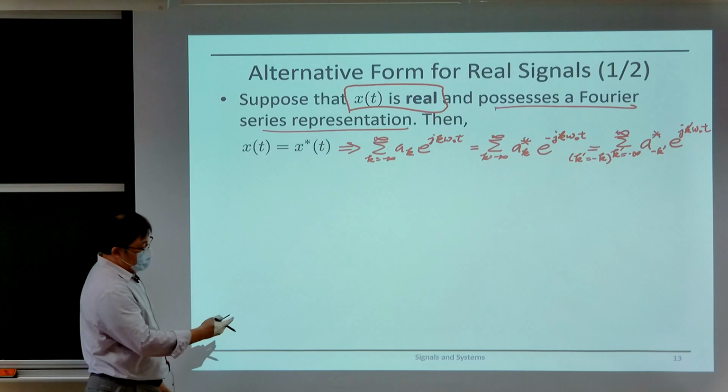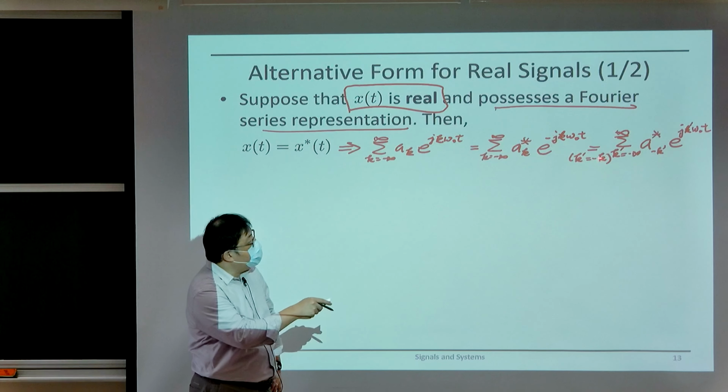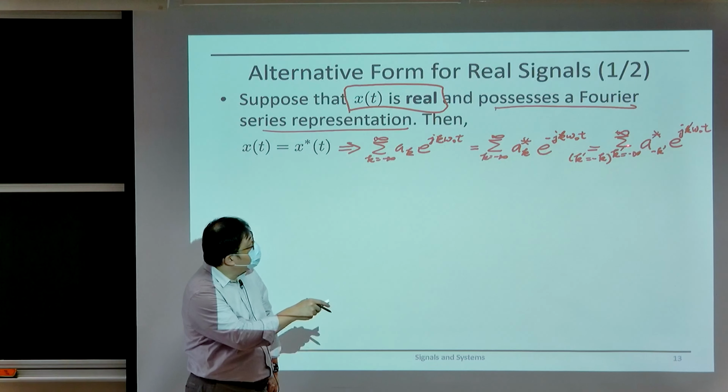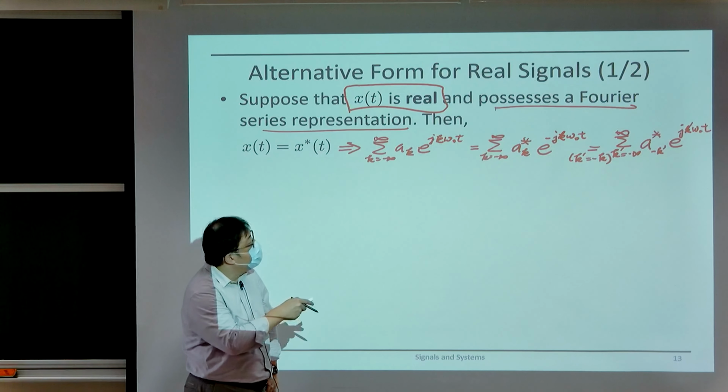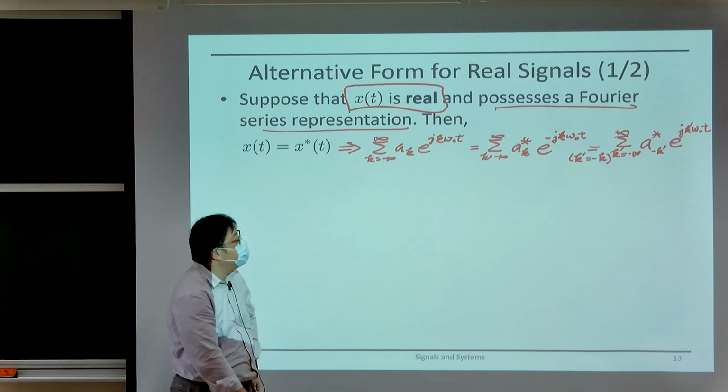So this still goes from minus infinity to infinity, but now k becomes minus k, and this minus k here becomes k. Okay?